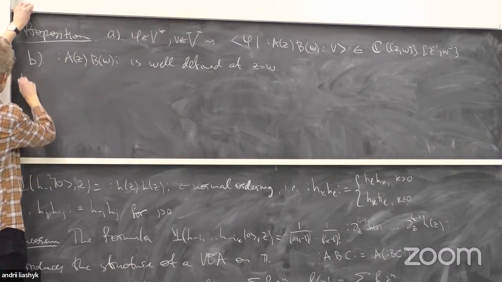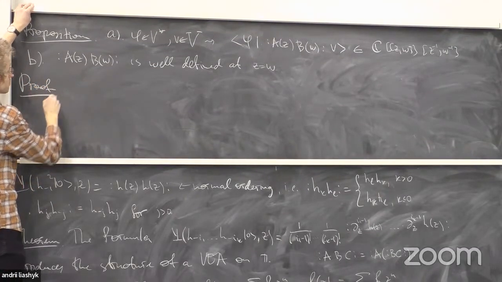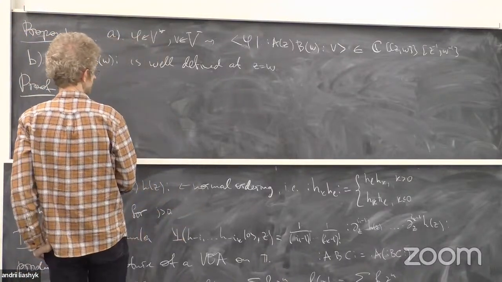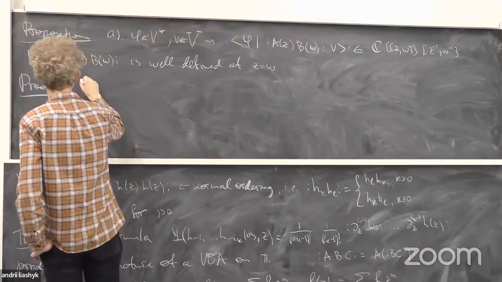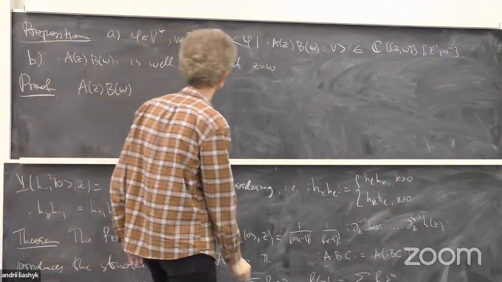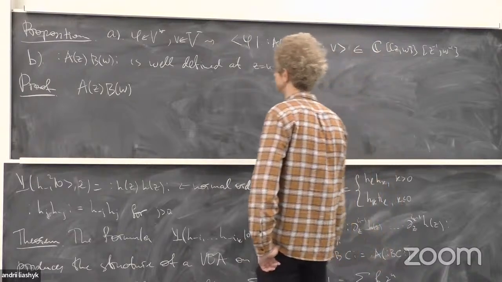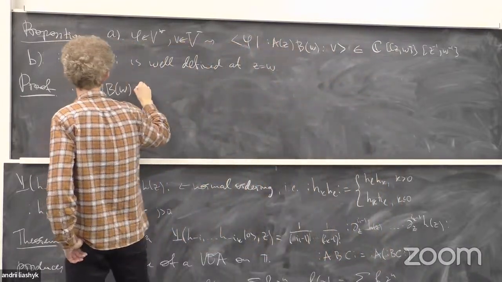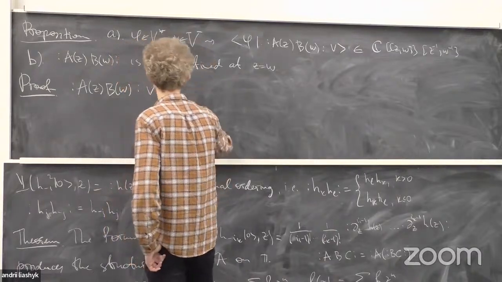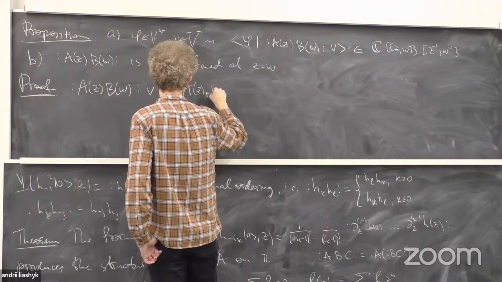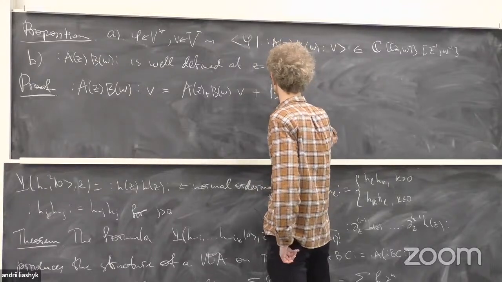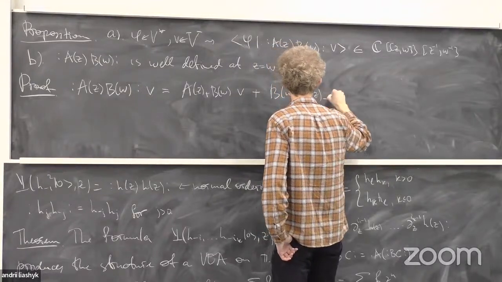So how to prove it? The proof works in a rather straightforward way. If we have A of z, B of w applied to v, by the very definition, this is equal to A of z plus B of w applied to v plus B of w A of z minus applied to v.